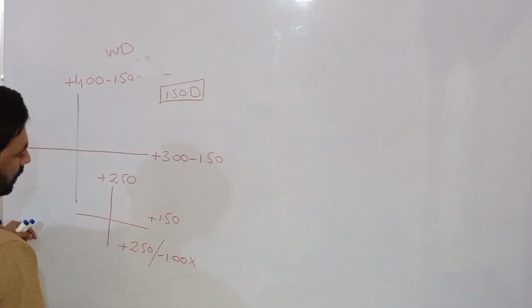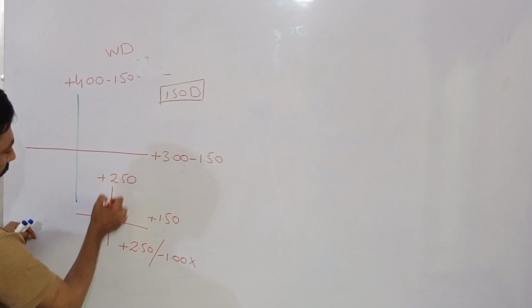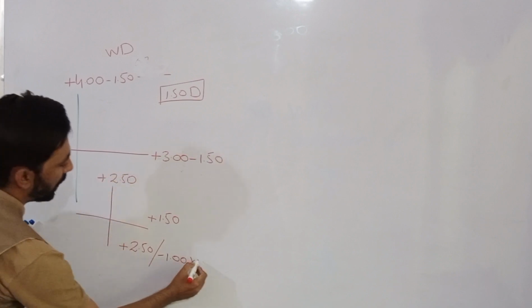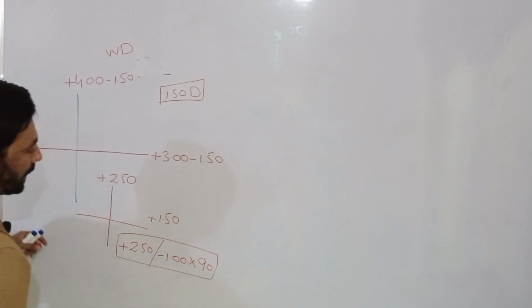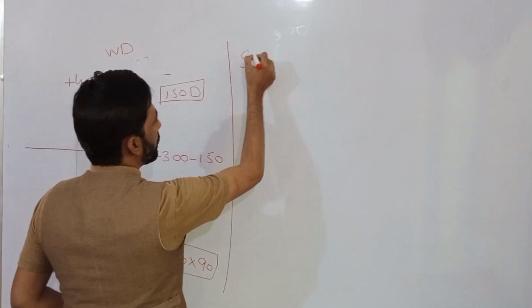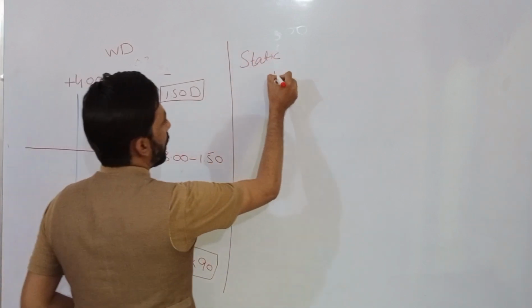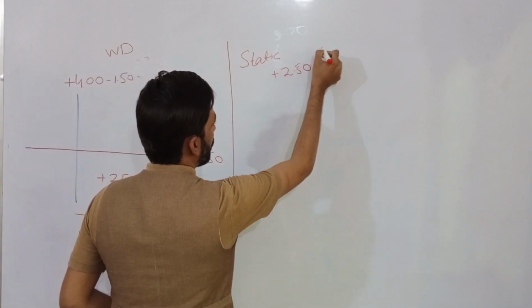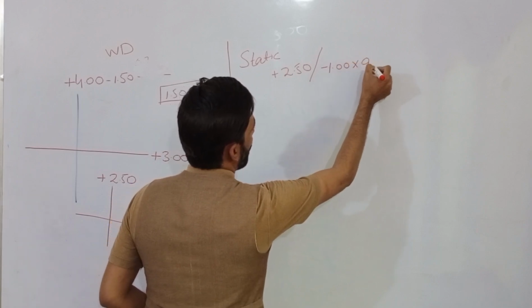And you know what the axis is. Our spherical is on the 90 meridian, so the axis would be 90. So the final prescription of static retinoscopy, I can write it here: static calculation is +2.5, cylinder is -1, axis 90 degrees.